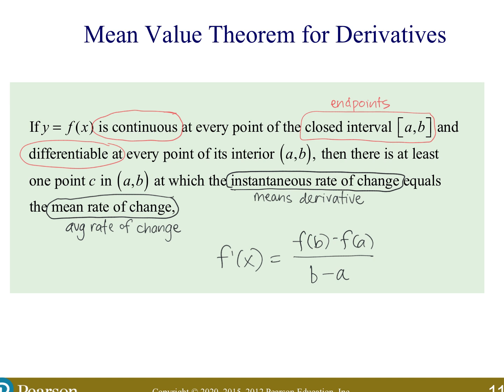The instantaneous rate of change, or the derivative, what does that look like? What kind of slope? Just tangent, right? Tangent slope. Right, what does average rate of change look like? That's also slope, but what kind of slope? Not tangent, but secant slope, which means it connects the endpoints.